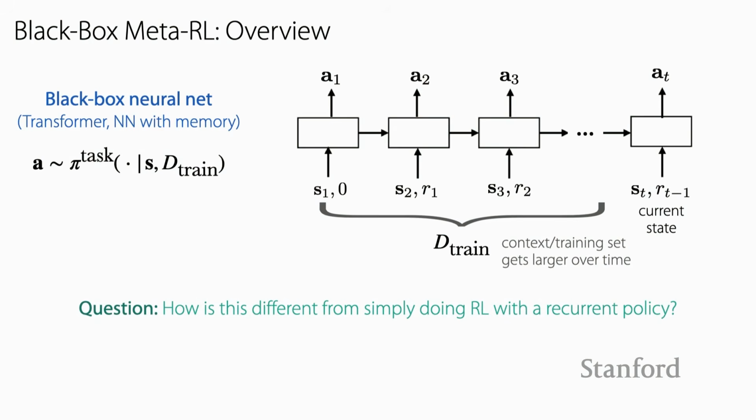There are a couple differences between this and simply using a recurrent policy in a standard RL setup, or using a sequence model like a transformer in a standard RL setup. Does anyone have thoughts on what some of the differences are between what I'm starting to talk about here and simply using a sequence model as your policy in a standard RL setup?